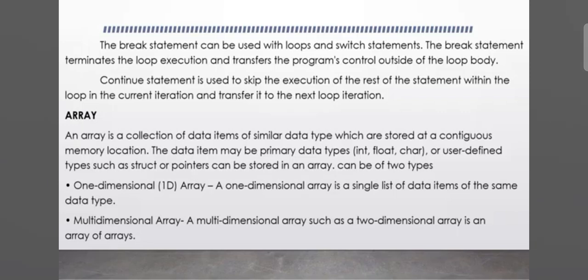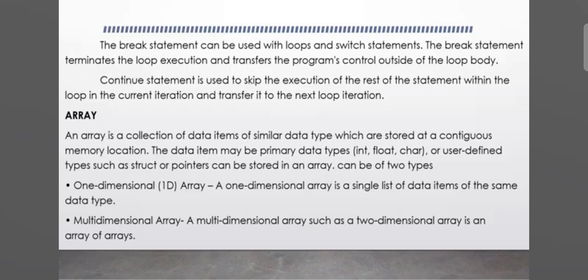The break statement terminates the loop execution and transfers the program's control outside of the loop body. The continue statement is used to skip the execution of the rest of the statements within the loop in the current iteration and transfer control to the next loop iteration.